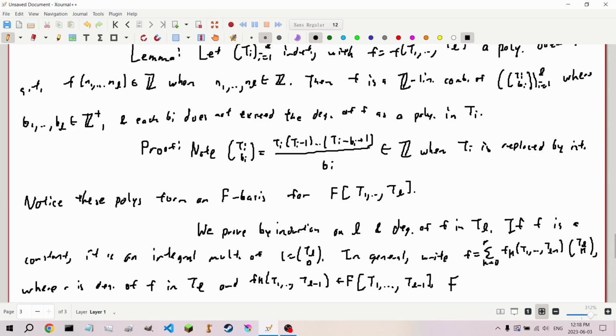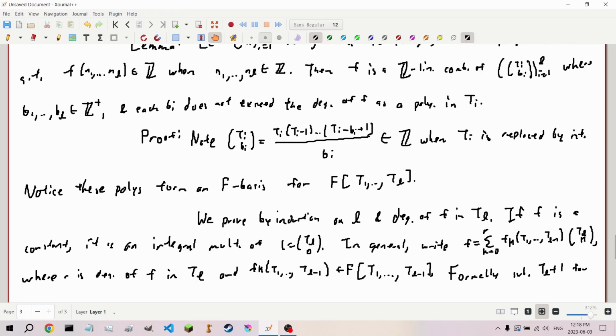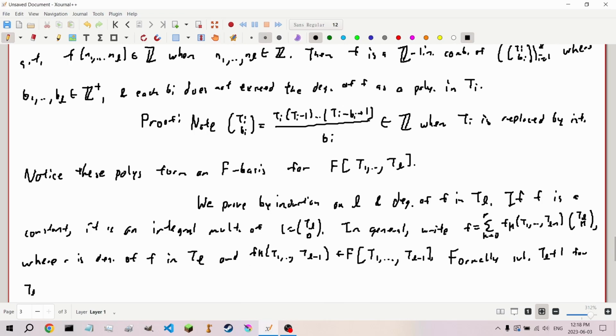Next, we can formally substitute t_l plus 1 for t_l on both sides and subtract.